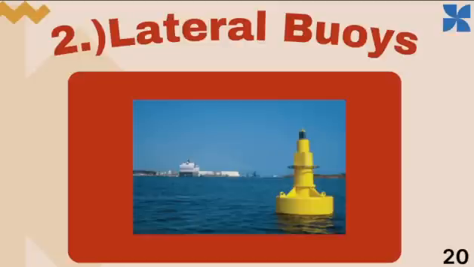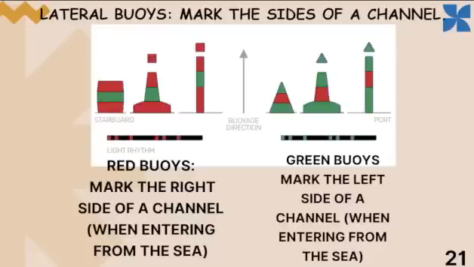Lateral buoys mark the sides of a channel. As you can see, the red buoys mark the right side of the channel when entering from the sea. And green buoys mark the left side of the channel when entering from the sea.